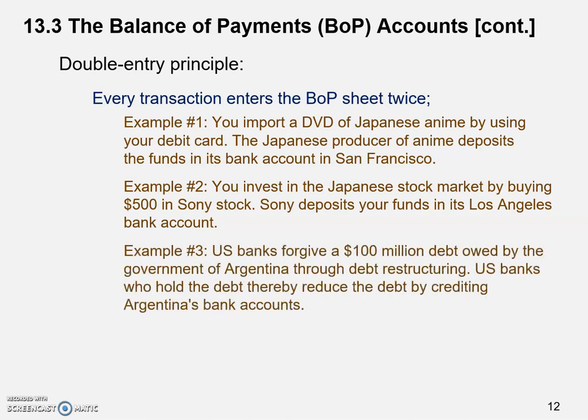The third example is about debt forgiveness. So we said here the U.S. banks forgive $100 million debt owed by the government of Argentina through the debt restructuring. Okay, so debt restructuring means the borrower could not make the payment, so they would ask the debt holder to restructure the contract.